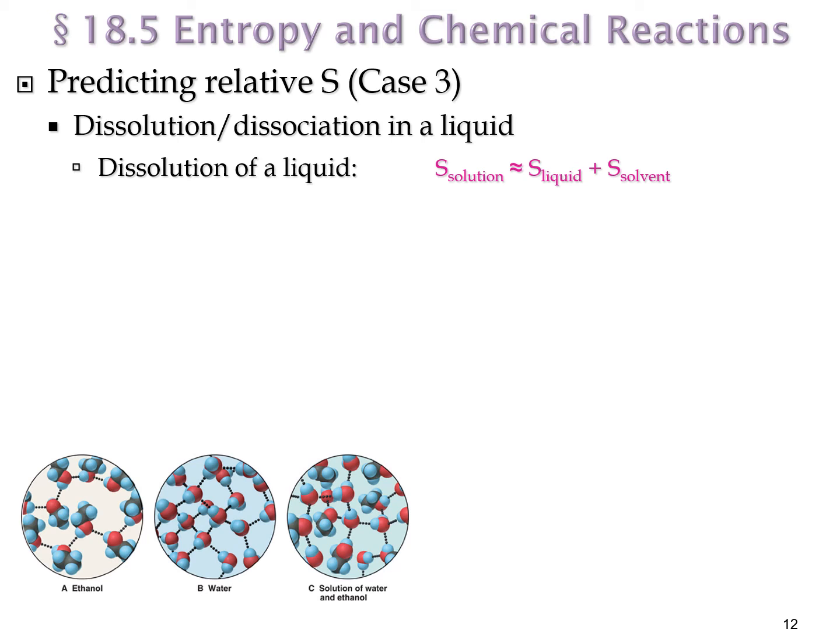Is there any difference we see in water? No. Three forces exist in water. Once we mix these two together, we still have these three forces. There's nothing new. So that is the reason why we do not see a big jump in entropy of the solution when we mix these two liquids together.